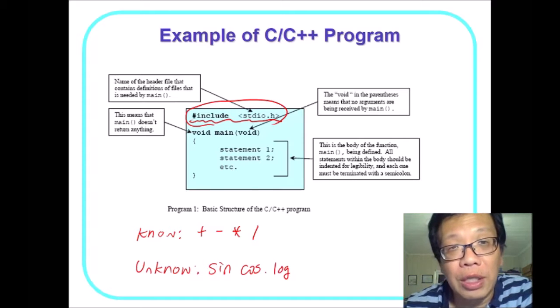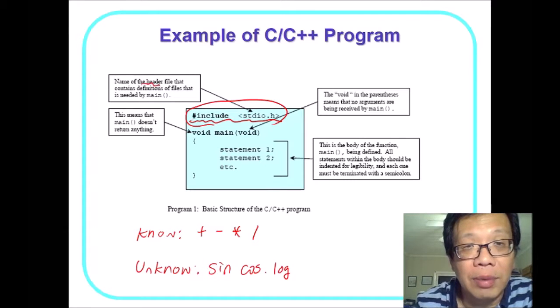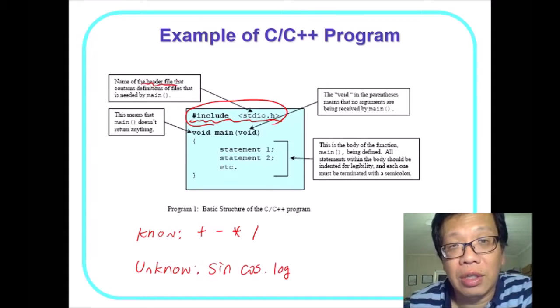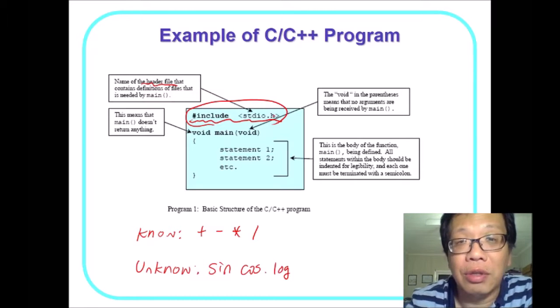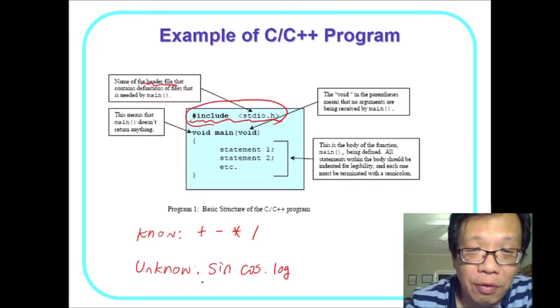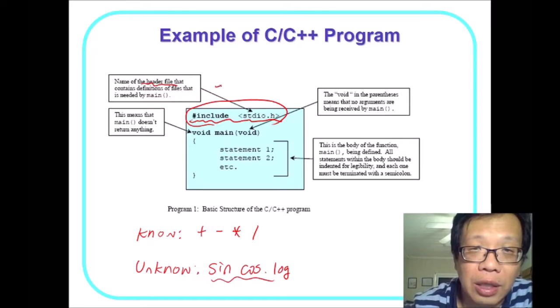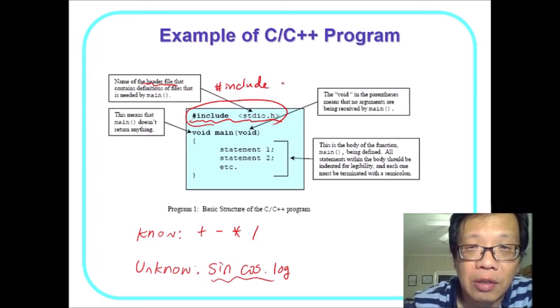So we would need to have some kind of header file, because the actual library has been included or installed in your system. But before we can use those libraries, we need to include the header files. So if you want to use sine, cosine, normally we would need to include math.h.